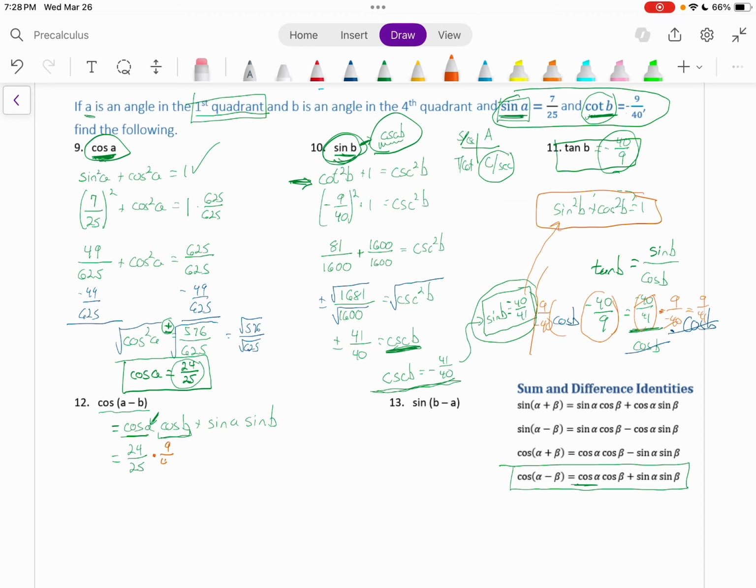So that was a little bit tricky. We had to go back and find cosine of b. All right, plus sine of a. That actually was given to us here. So 7/25. Sine of b we found here. That was negative 40/41. Now we just have to work through some fractions here. So we're going to multiply 24 times 9.